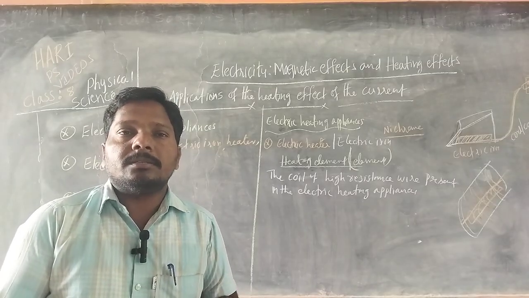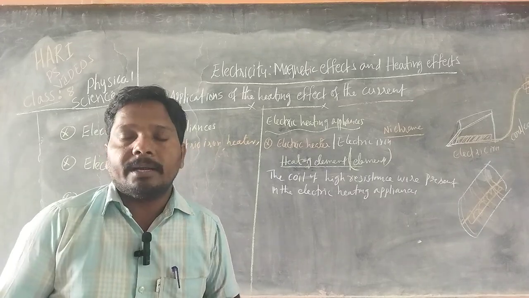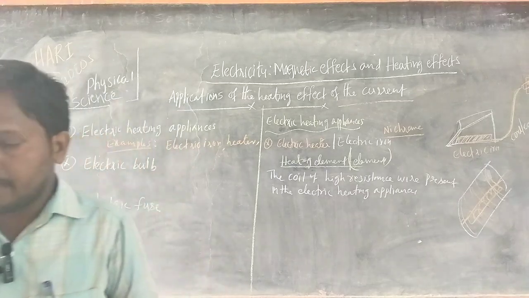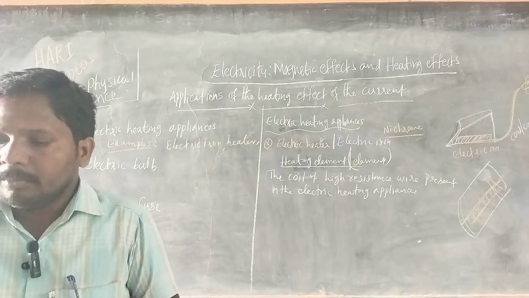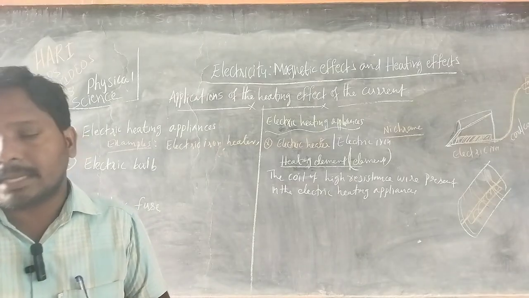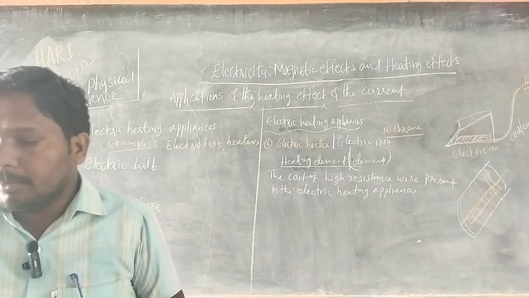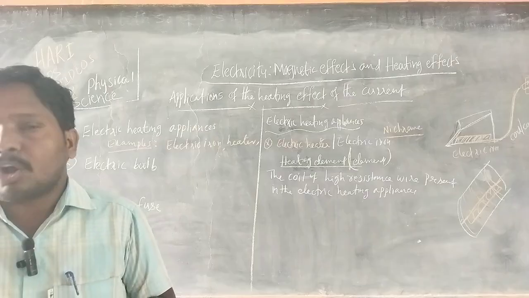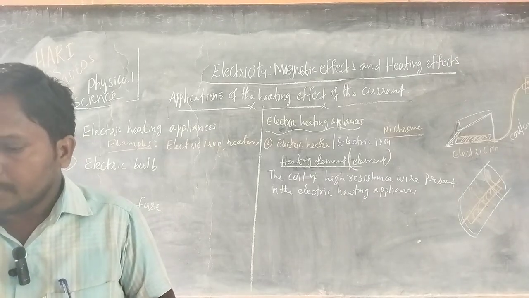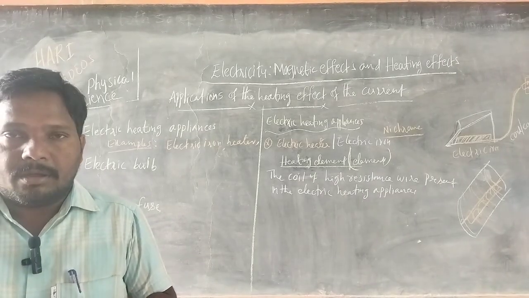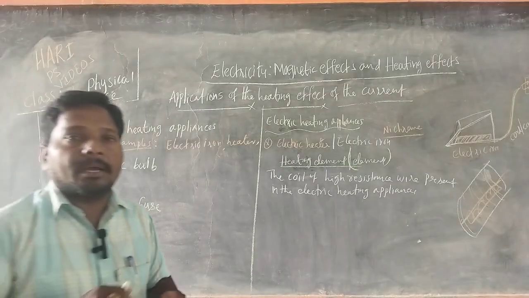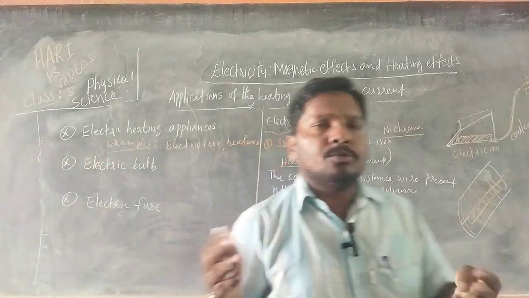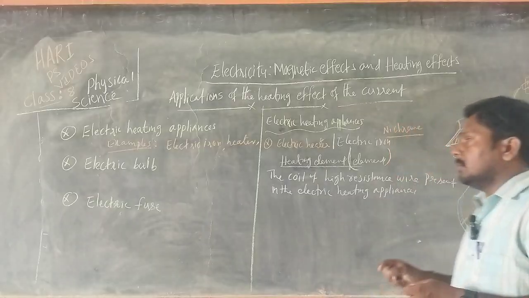This heat energy is utilized for different purposes. An electric room heater, or simply the convector, has an element made of a nichrome coil. When current is switched on, after connecting to a circuit, the electric room heater produces heat due to the heating effect of electric current.